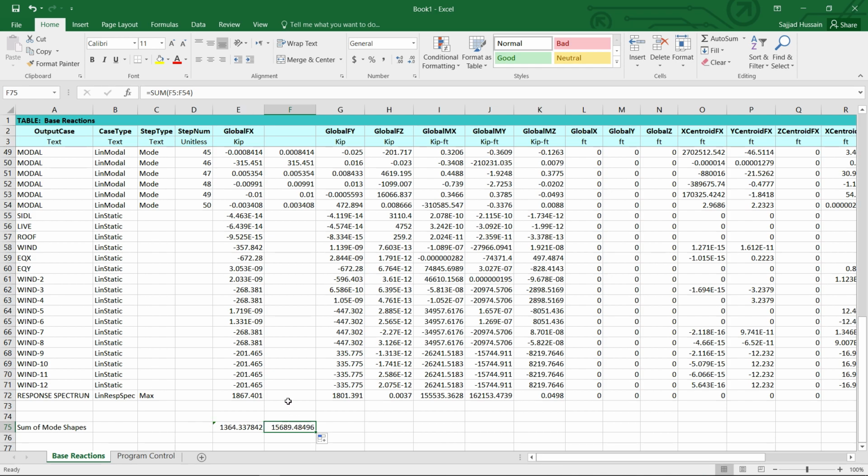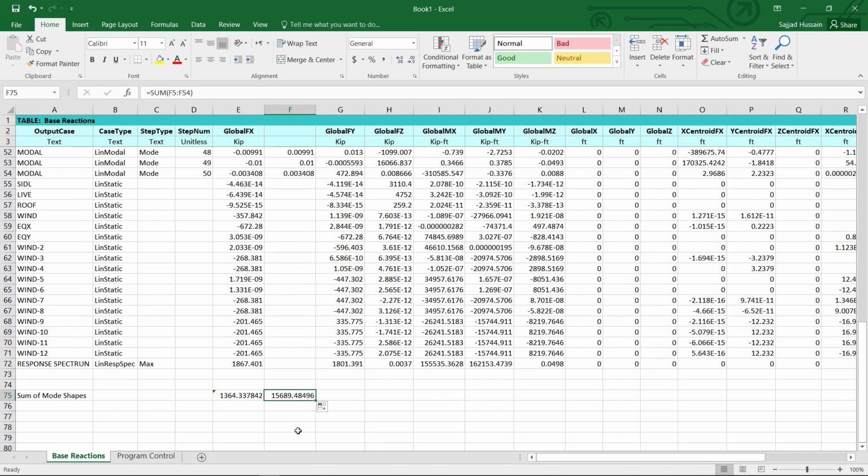So here we can see it is almost 15,689. Now let us divide this by 8, divide by R over I. So that means this is equal to this divided by 8. So there is slight difference over here and here.